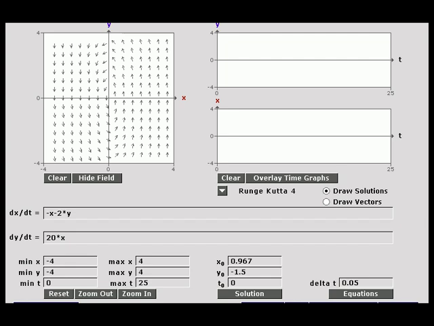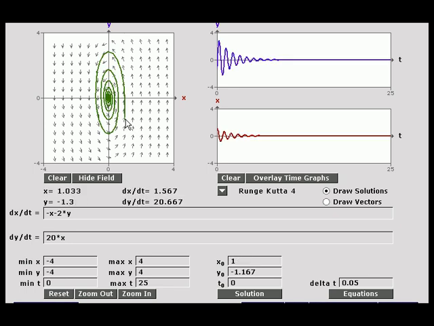And just to give you a preview, here's a case where the matrix is minus 1, minus 2, 20, 0. And we start most anywhere here, and it spirals in to the origin, which is an equilibrium point for all of these problems. This one is called a spiral sink because it spirals forever as it goes. It gets sucked in. It's a sink, but it spirals.